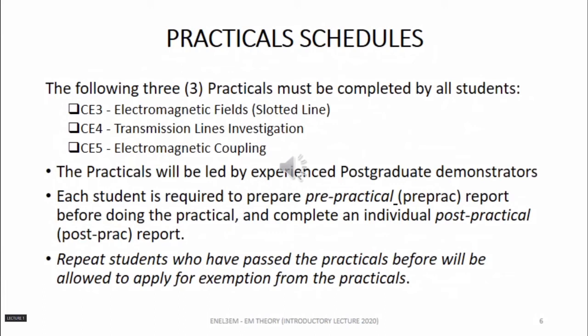Now, the second practical, CE4, is entitled Transmission Lines Investigation. We'll be looking at both twisted pair and coaxial lines, fairly standard transmission lines, and for each of these lines, we'll determine the following primary constants.